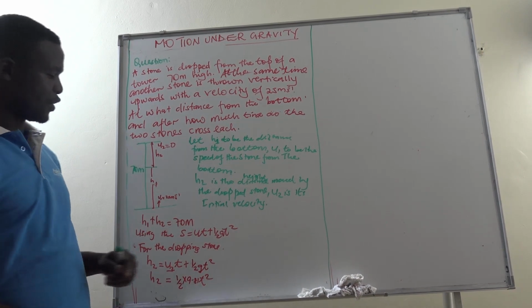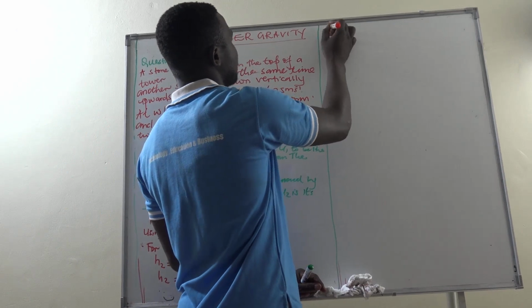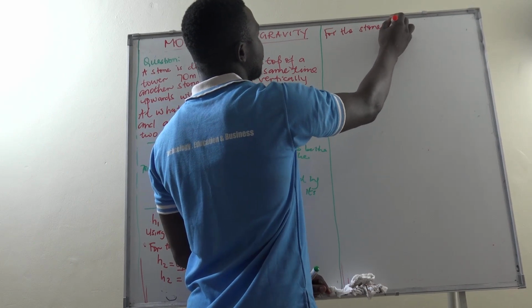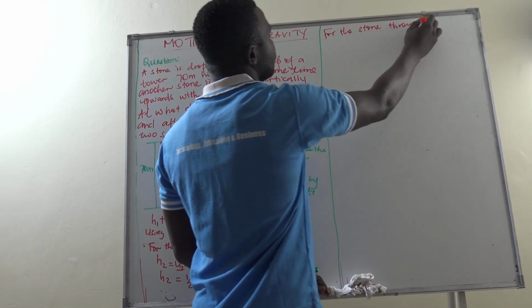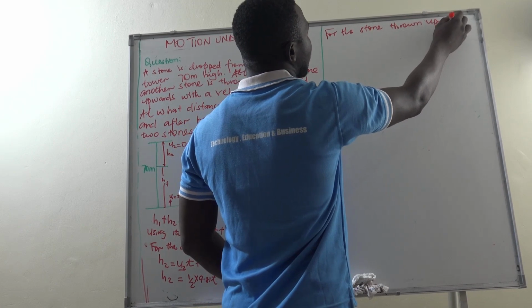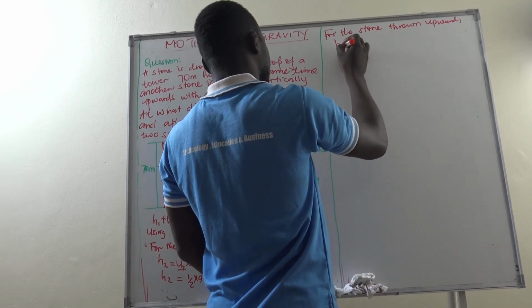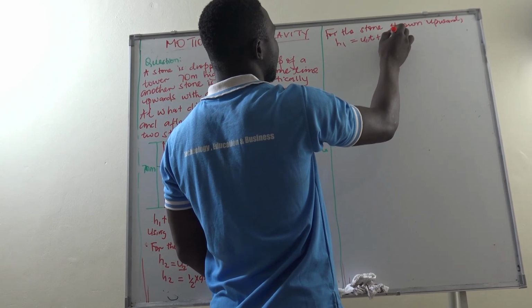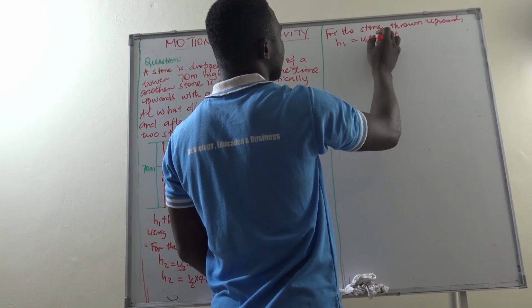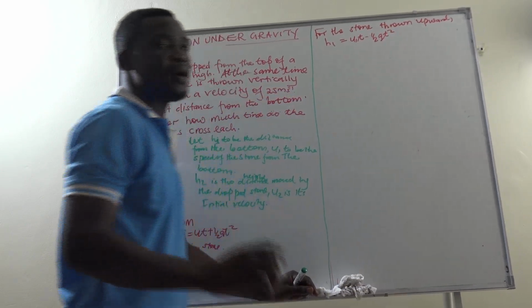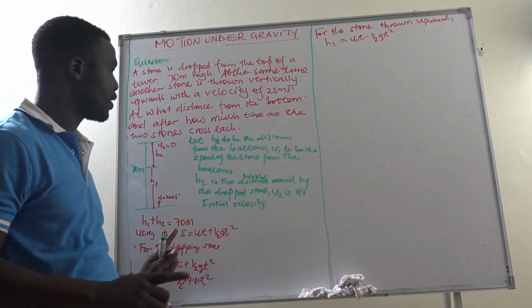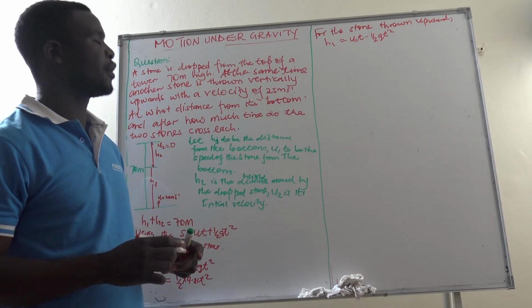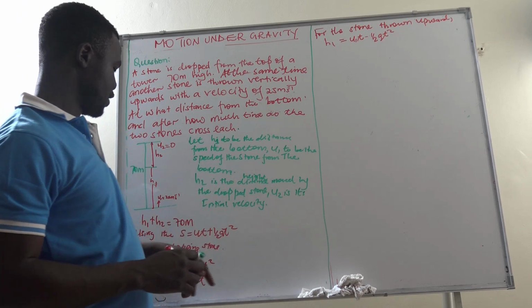Now, for the stone thrown upwards, H1 is equal to U1T minus a half gt squared. Why are we putting a minus? Because for upward motion, g is negative. Now, why are we using the same time?